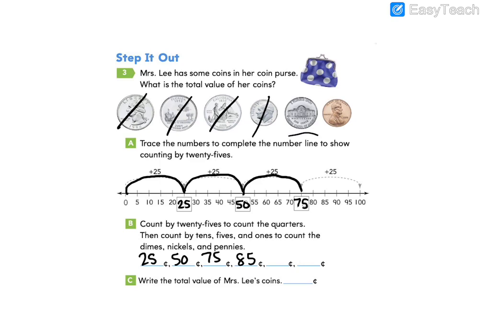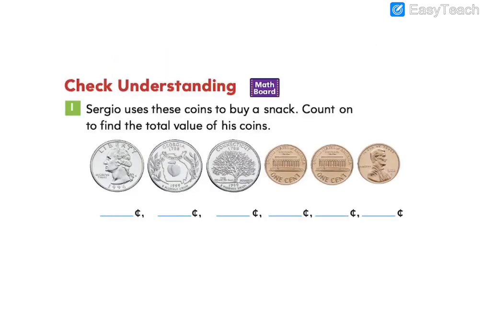Ooh, now we have our nickel. We have to do 5 cents more. 85, 90. And that last penny, 91. Go ahead and write your total value. 91 cents.